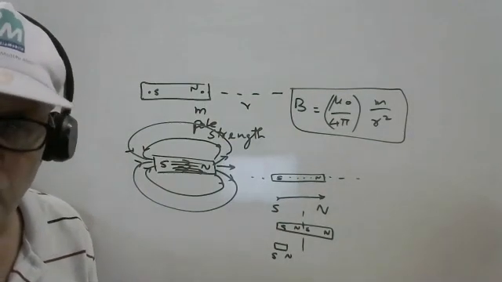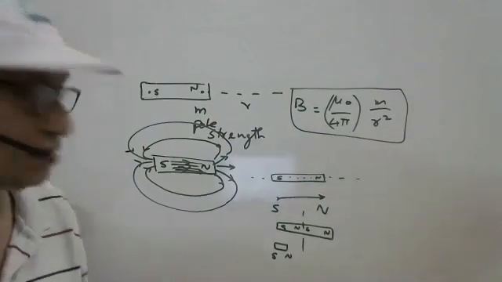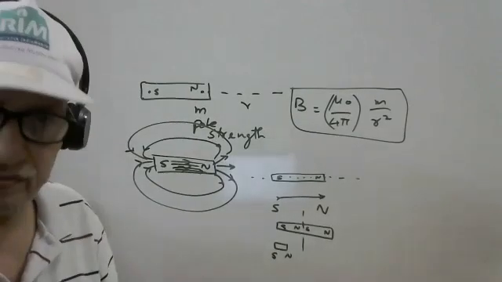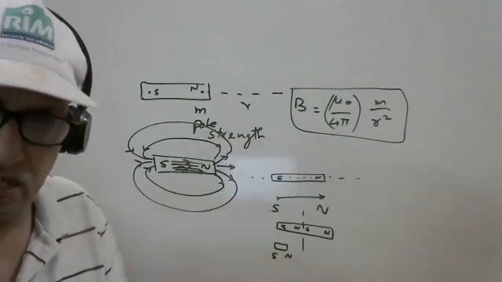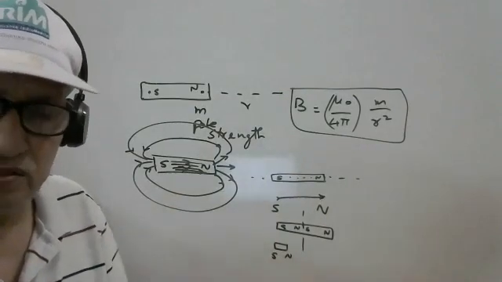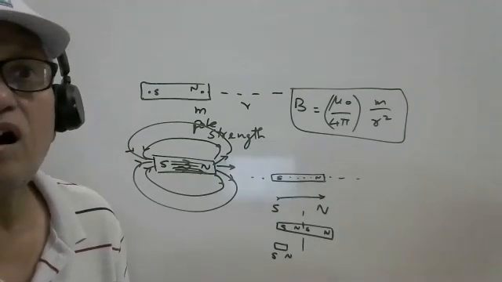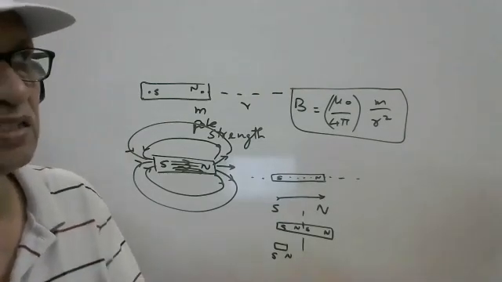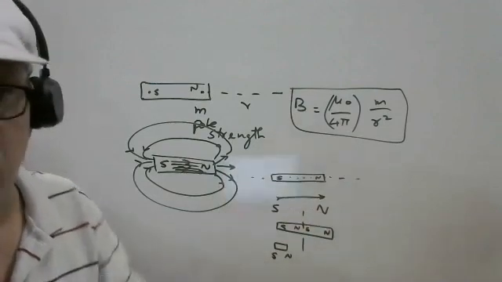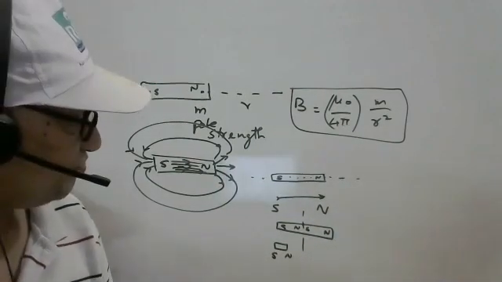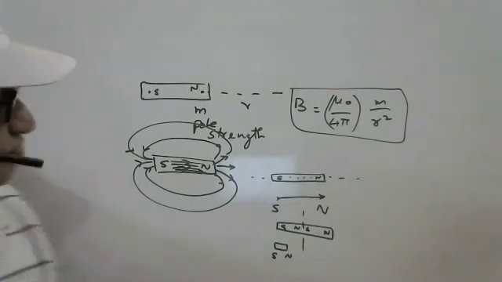So a monopole does not exist in any magnet. Even if you go on breaking it continuously up to the atomic level, or even a single charge like an electron revolving around the nucleus, it again makes a dipole. Let us discuss this.